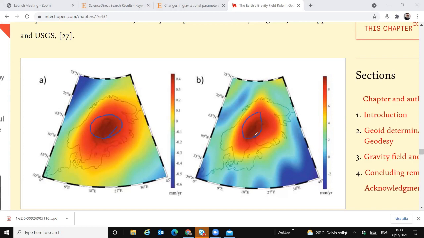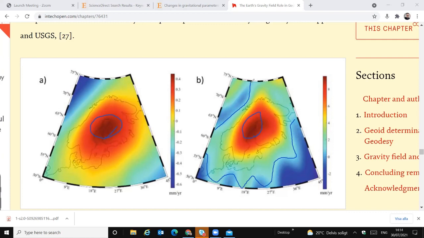But there are some issues about filtering of this model, and you see some variations here, which could be due to filtering or the errors of the spherical harmonics. Then I have to use a Gaussian filter. This way you can compute postglacial rebound or land uplift only with GRACE data and at least cost.